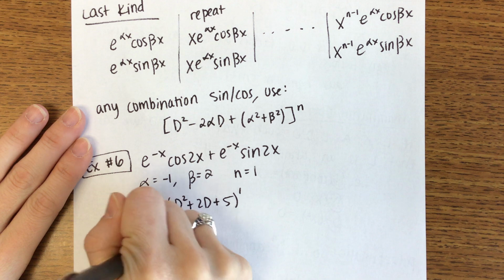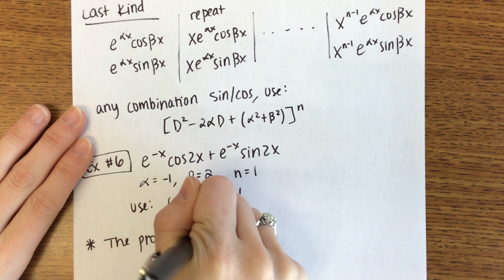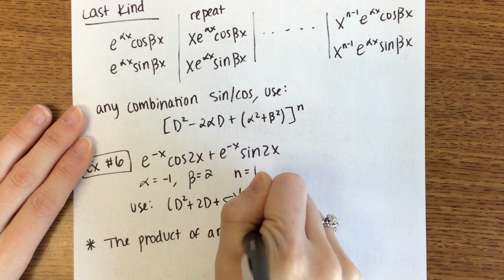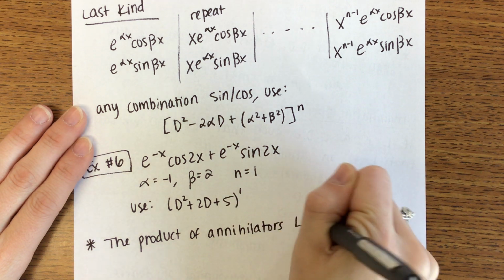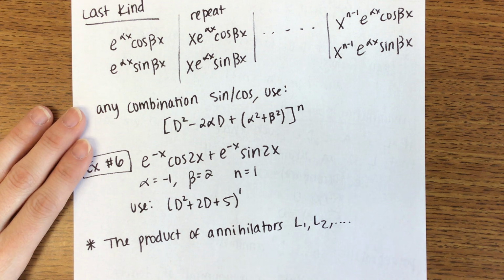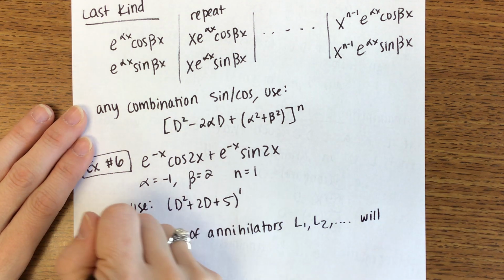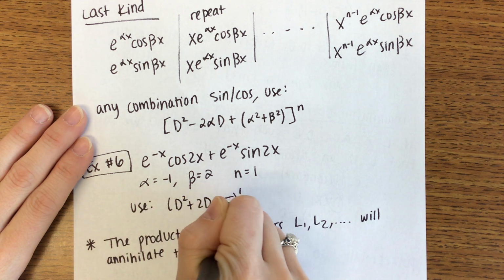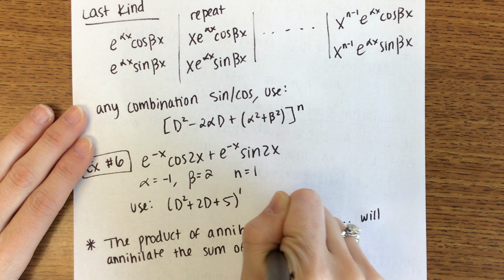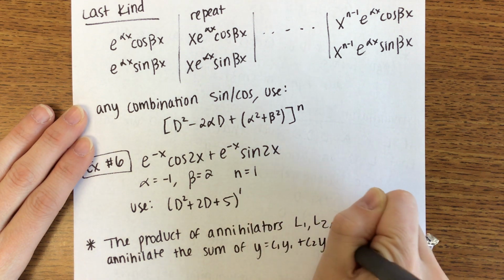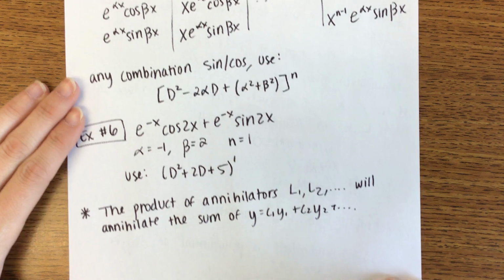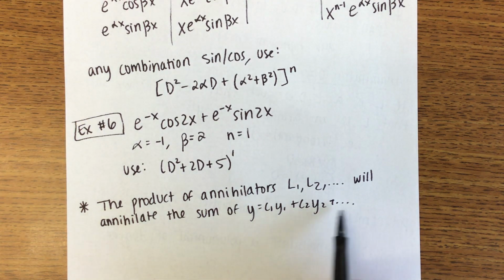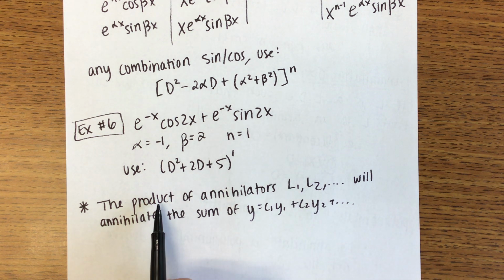The product of annihilators L1, L2 will annihilate the sum of y equals c1 y1 plus c2 y2, etc. So if you are annihilating a sum, and let's say each term has its own annihilator, you multiply them all together, and that will annihilate the entire sum.